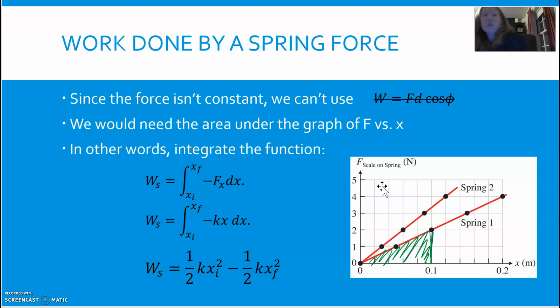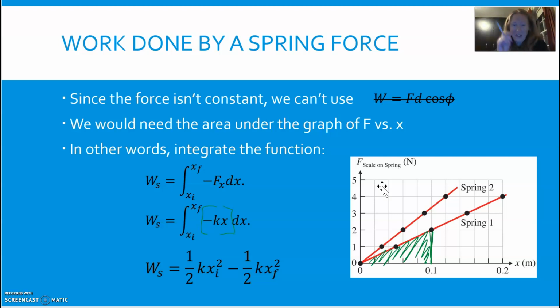Or we can use integrals, and if you haven't done those yet, that is okay. You can kind of imagine undoing the derivative, because the integral is the opposite of the derivative. So you can see here that we've got our force function is negative K. Oops, where did the delta go? So now it's just negative Kx dx.